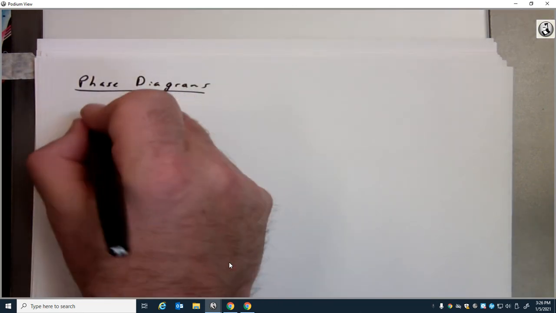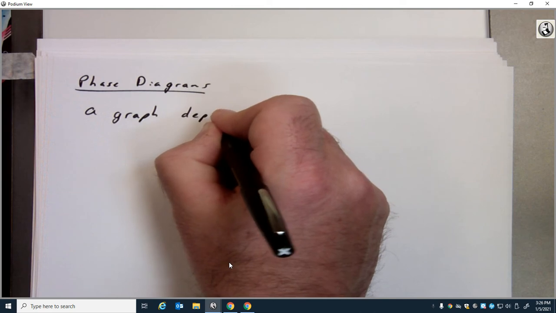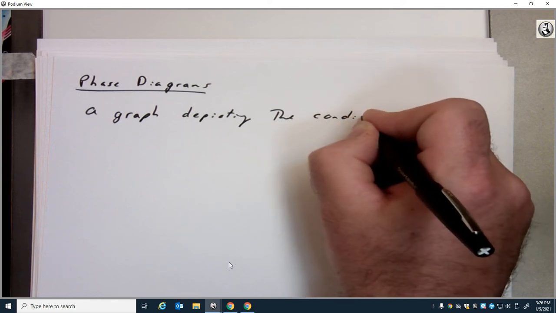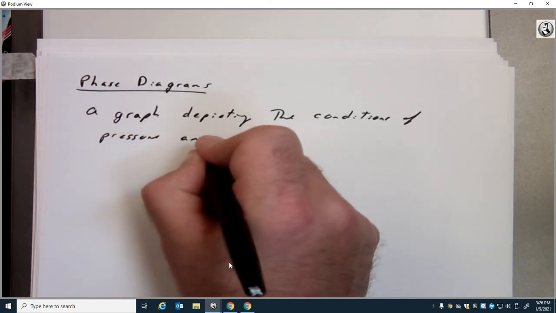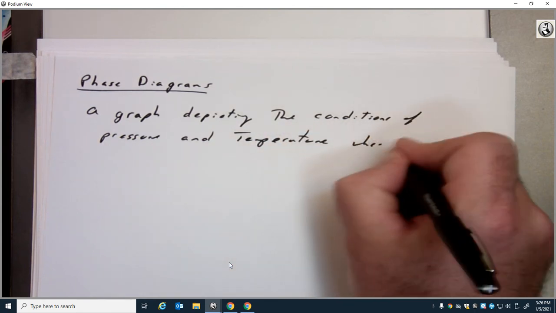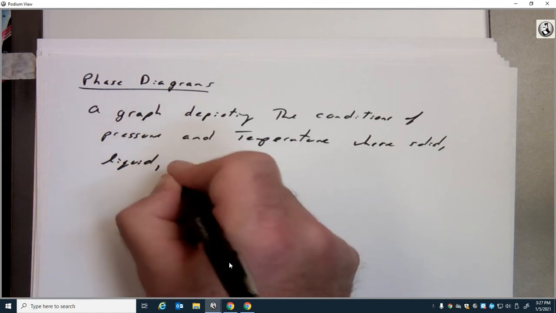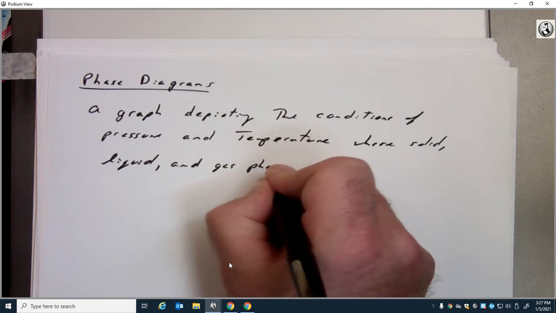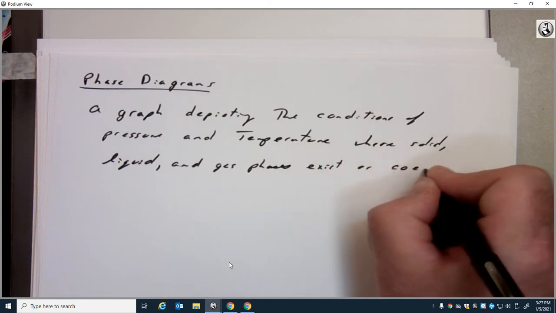So a phase diagram is a graph depicting the conditions of pressure and temperature where solid, liquid, and gas phases exist or coexist.